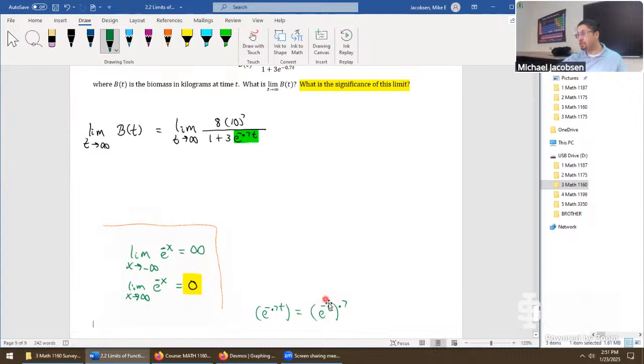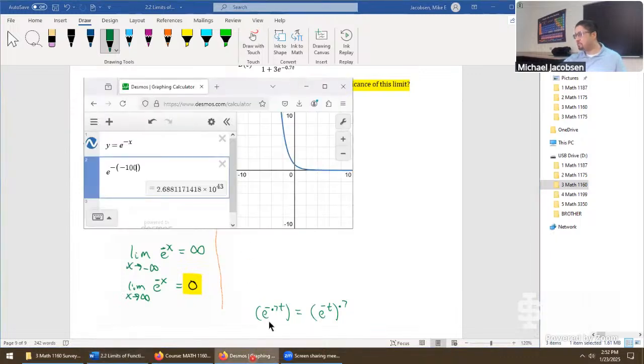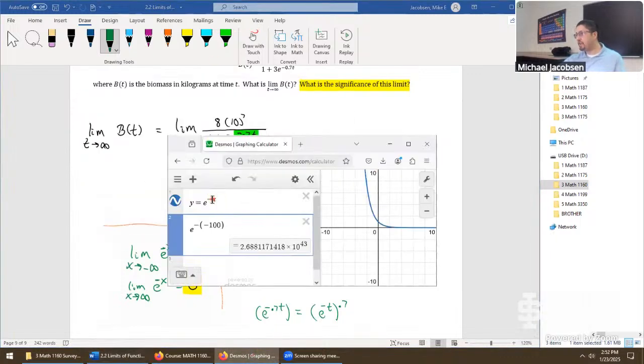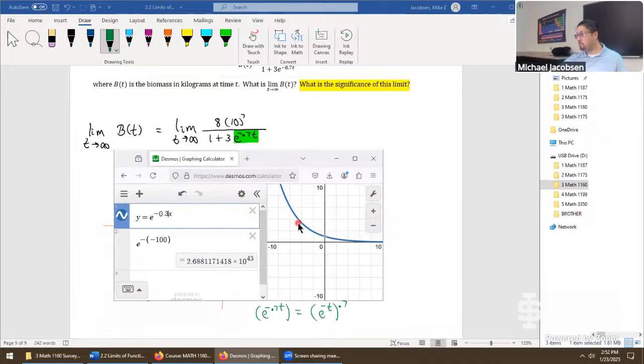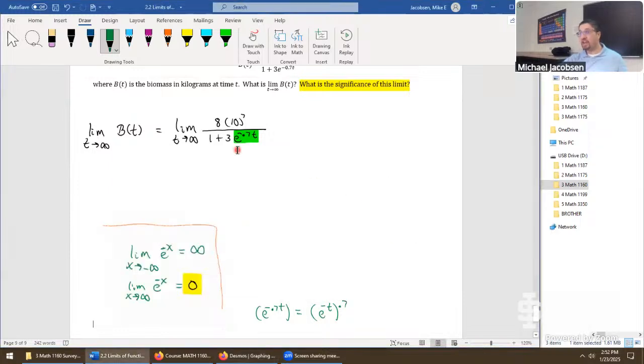Then when you take the limit, you're just influencing the inner part of this function. So that's one way to think about what's happening. Or, in Desmos, you can observe that just about any value you put in here, like 0.3, is going to have the same feature. As t goes off to infinity, the limit is always going to be 0. No matter what constant I put on here, it just has to be a negative value. Even a negative 0.003 is just going to take a little while, but those values are shrinking down. So either way we look at it, that part goes to 0.